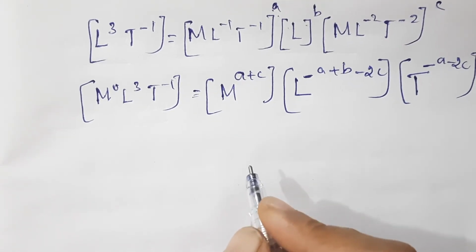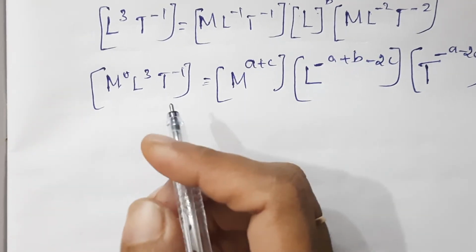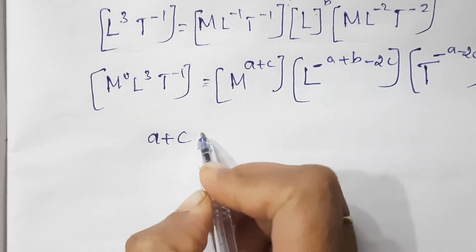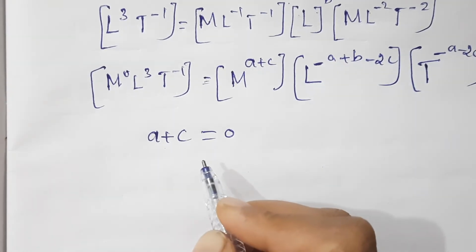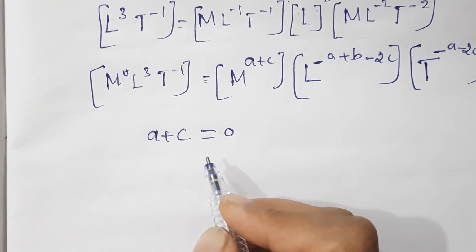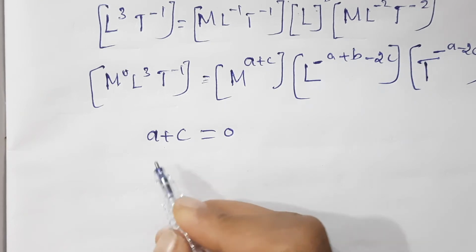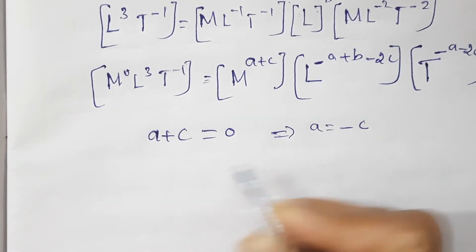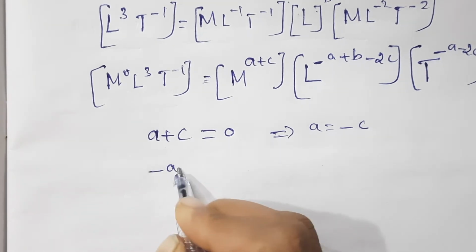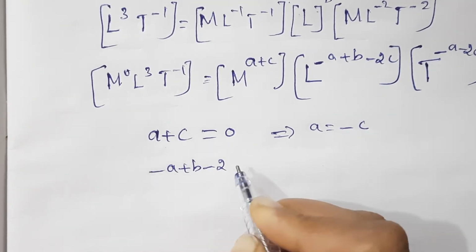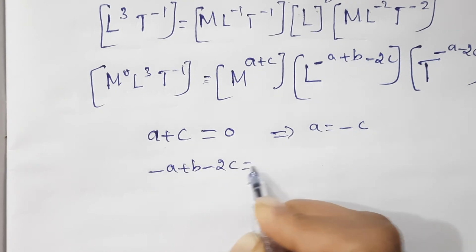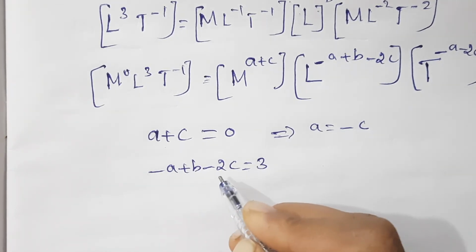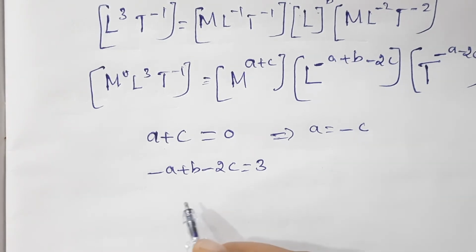When we equate the powers on both sides, for the power of M, A plus C is equal to 0. So A is equal to minus C. Then minus A plus B minus 2C is equal to 3.